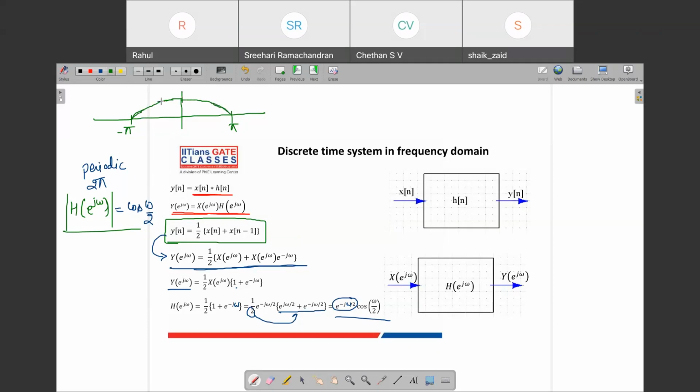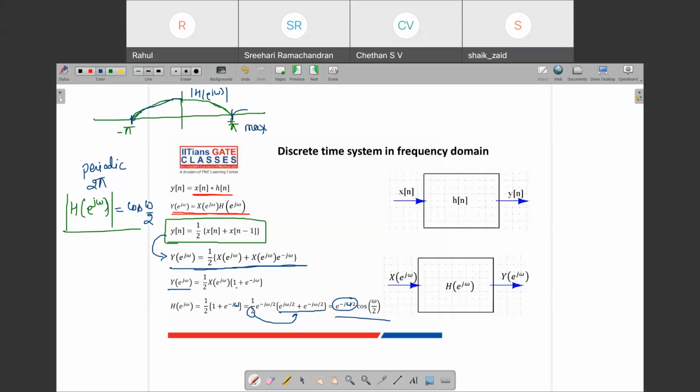Okay. So if you see this filter, this is how the magnitude of H of e to the power j omega is going to look. And if you see this, this is minus pi and pi, which is the max frequency we consider. When we talk about discrete time, we don't go beyond pi and don't go beyond minus pi.